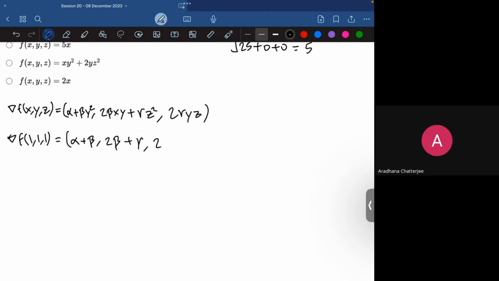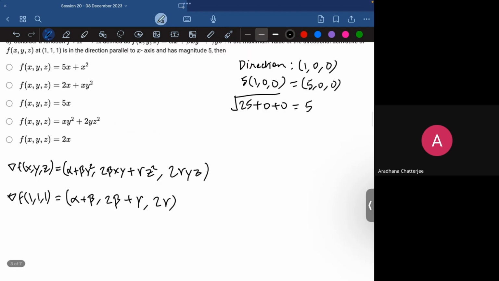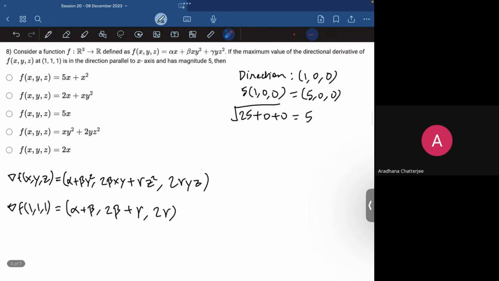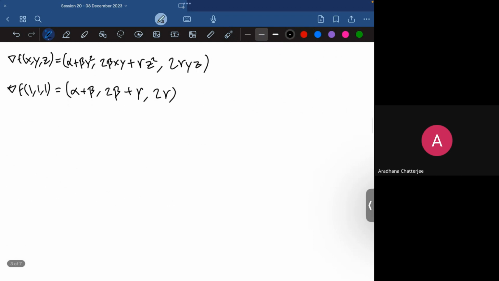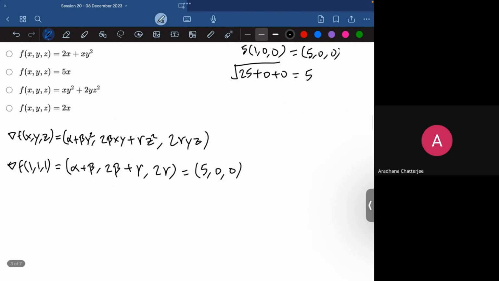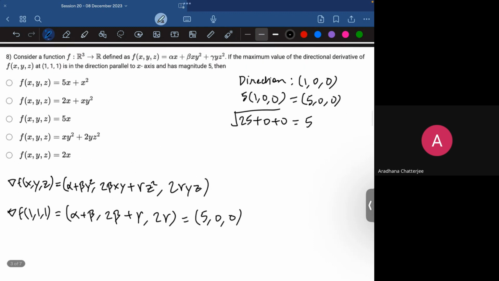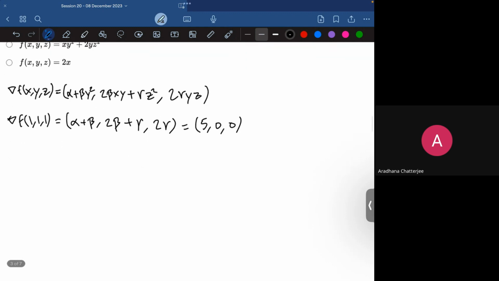Yes. And they've said that this is in the direction of this, which we found is (5,0,0). So we'll just equate. That means this is equal to (5,0,0), based on what they've given us. So now all we have to do is equate coefficients.